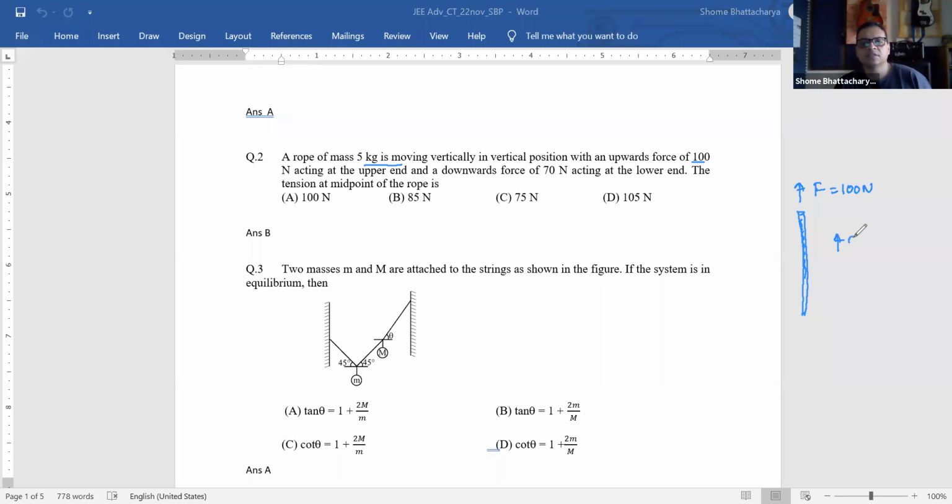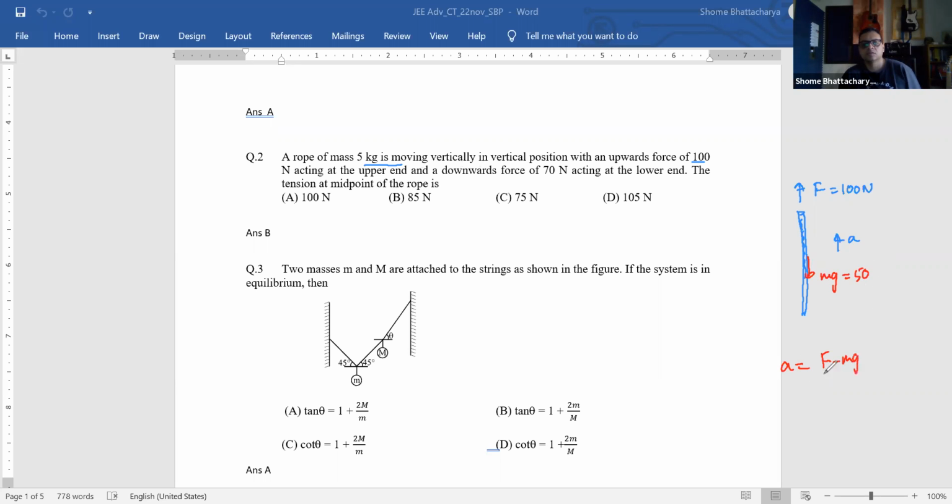So it's moving up with some acceleration. You can see the weight is how much? 5 kgs, so 50 newtons. So you can find out the acceleration. Going up with 10 meters per second square, because m is equal to 5. Okay. Oh, sorry. There's also a downward force. My mistake.